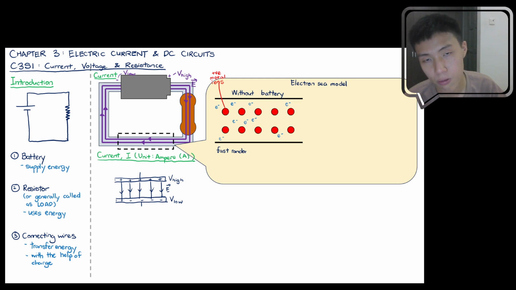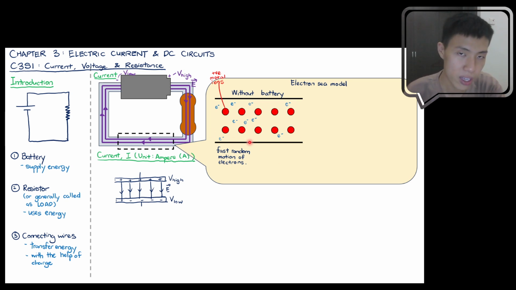Okay, the kind of motion we can observe for the electrons should be fast, random motion of electrons. Now let's say there's no positive ion at all in these connecting wires. If it's moving fast and random, you might expect it to eventually get faster and faster because there's no one blocking them.